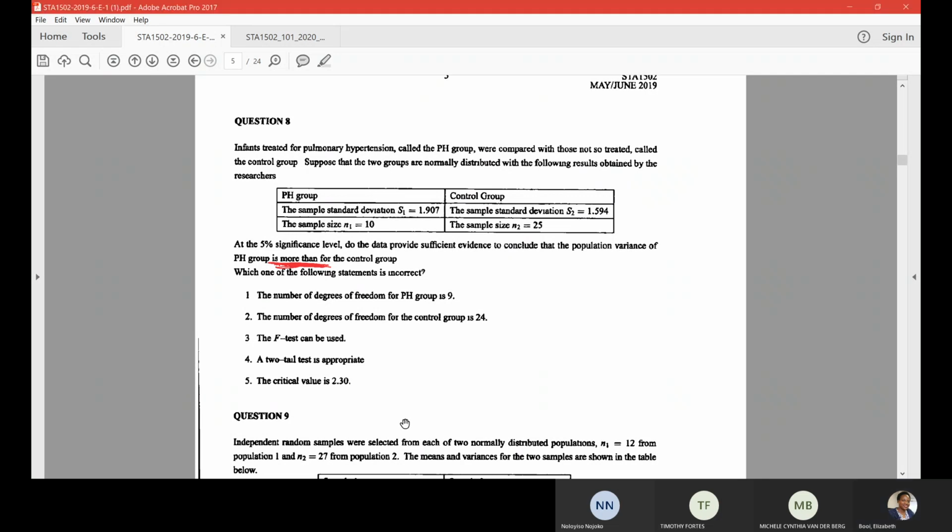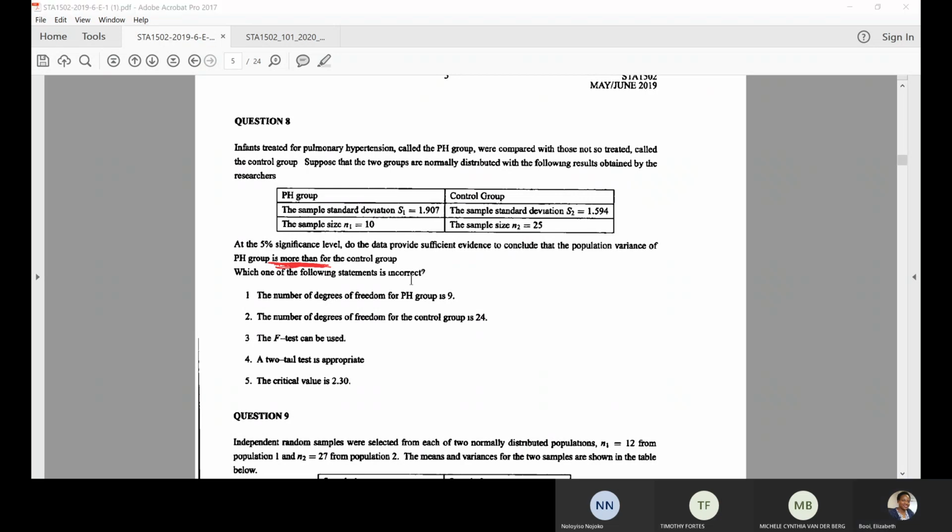So what will be the degrees of freedom for pH? The degrees of freedom is N1 minus 1.